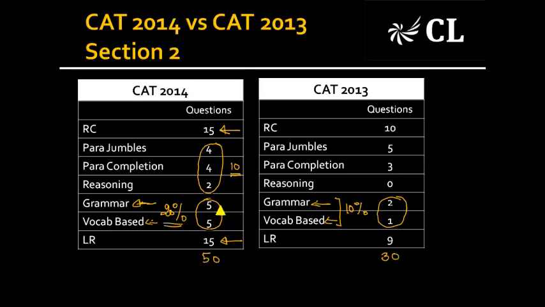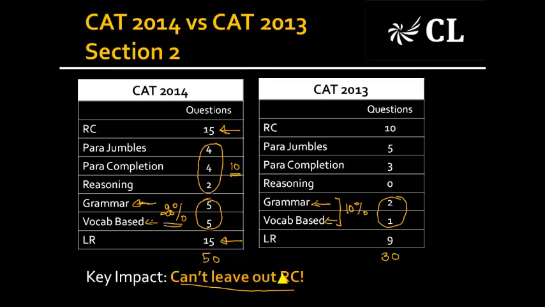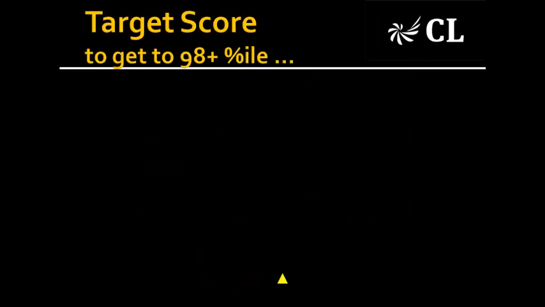But even so, you'll still end up making mistakes in grammar, and there'll still be questions on vocabulary that you'll not be able to handle. So therefore, this is a key impact: you can't leave out RC. So for those of you, just get back, start solving RC again. You need your RC if you want to go to an IIM. So that is how you look at CAT 2014 as opposed to CAT 2013.